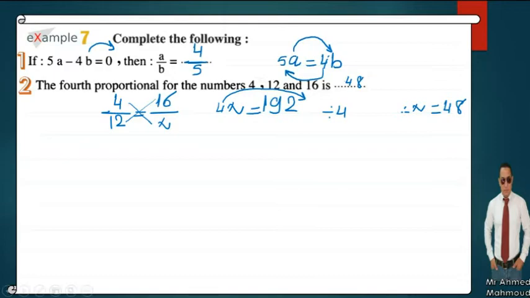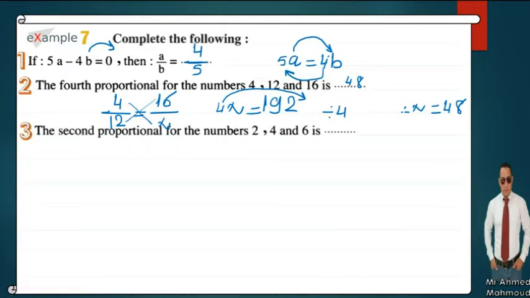Okay, the next example. The second proportion for 2, 4 and 6. Okay, the fraction like this. The second is here. Okay, I will arrange the numbers 2, 4 and 6.